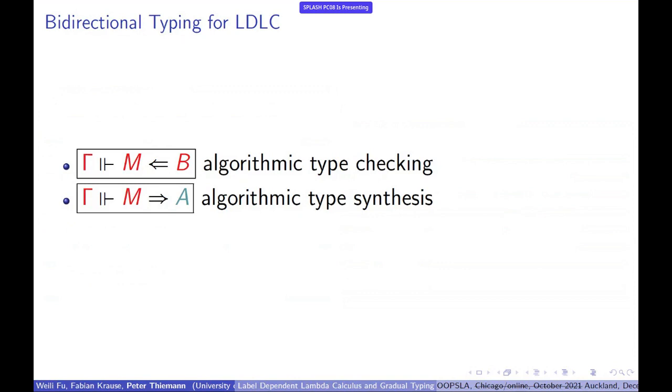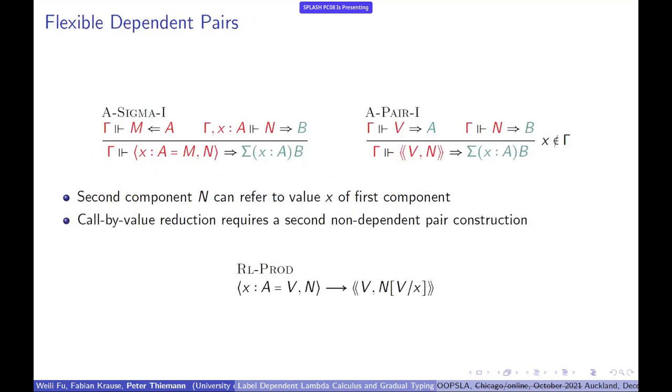The synthesized stuff, the output, I tried to print in green. I think I did that also in the paper. Actually, I think I didn't use green, so that people who are red-green blind have a chance to distinguish. And then algorithmic type checking just takes input and says yes or no if it's acceptable or not. And these judgments are mutually recursive, and that's quite standard.